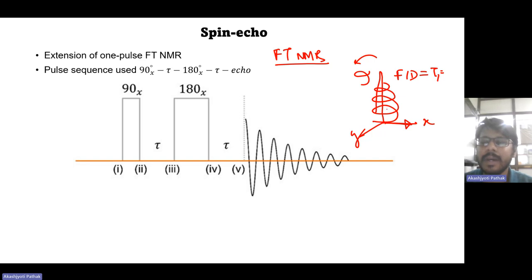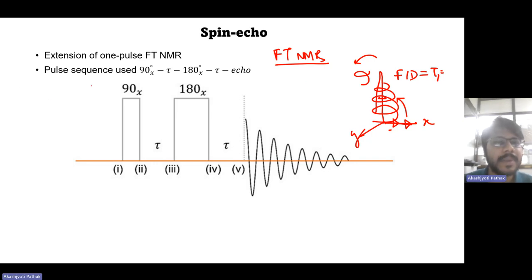Longitudinal relaxation means the magnetization which had been oriented in the XY plane will now move back to the Z direction, so there will be an exponential rise of signal. Transverse relaxation means there will be a loss of coherence and decay of signal. The signal which was in the X direction will start decaying, and that is given by the transverse relaxation.